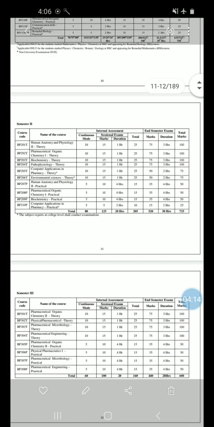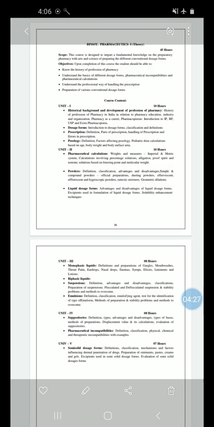So these are the main subjects having the same marking system. Then the marking system for other subjects is changed. Then we will discuss the syllabus of our subject.